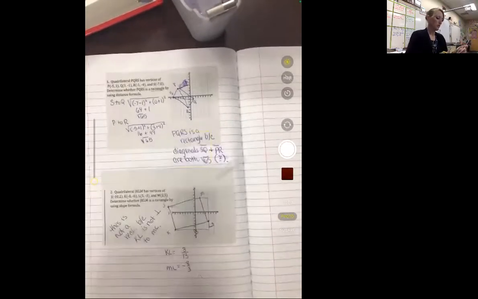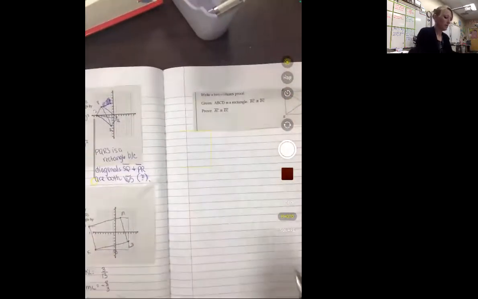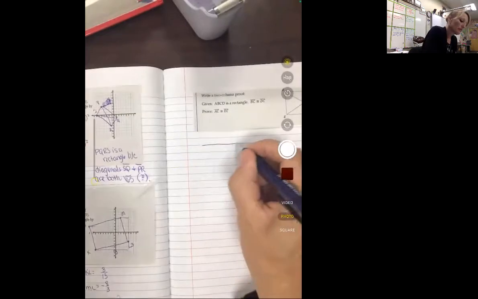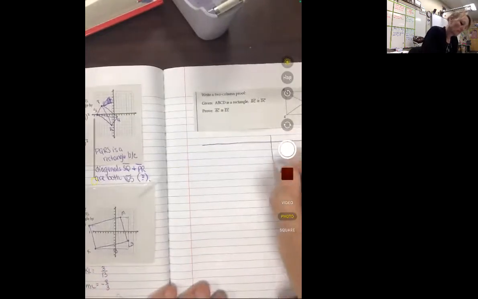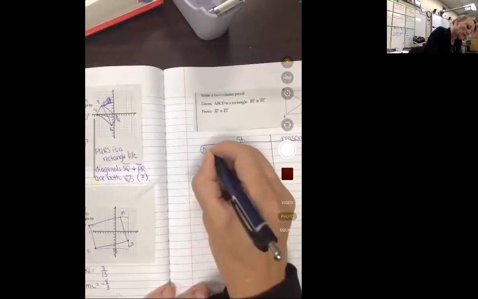The next one is a proof. We're going to go ahead and do a 2-column. And we know that ABCD is a rectangle.